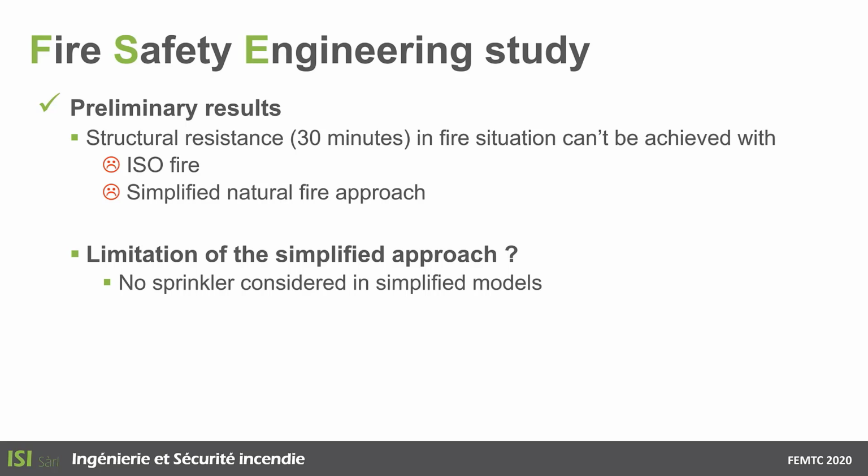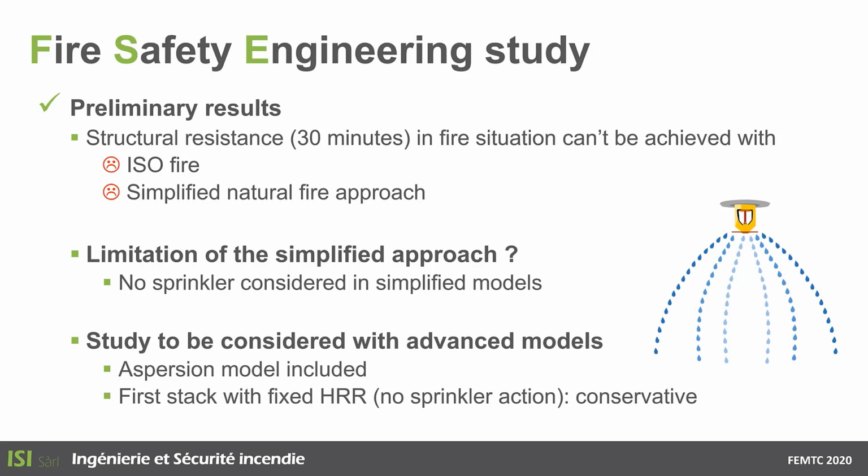In the advanced model, we can include the sprinkler with the aspiration model. And we did fix one condition, that the first stack has a fixed heat release rate and is conservative. So we still have a fire, but we will not have propagation. That we will show in the simulation.